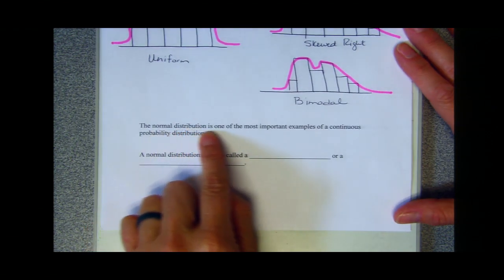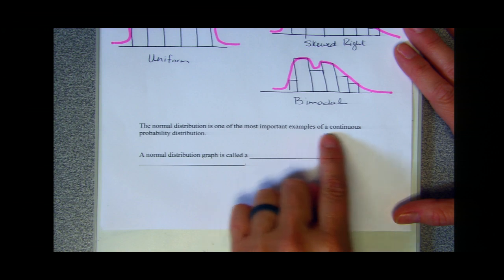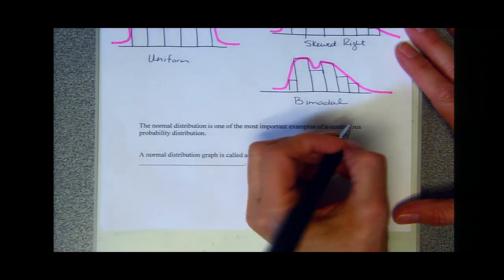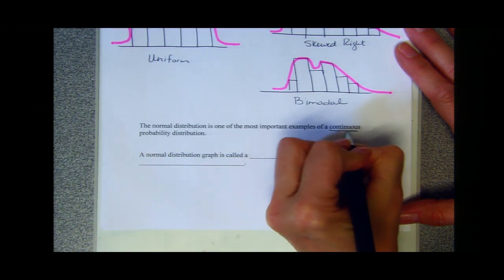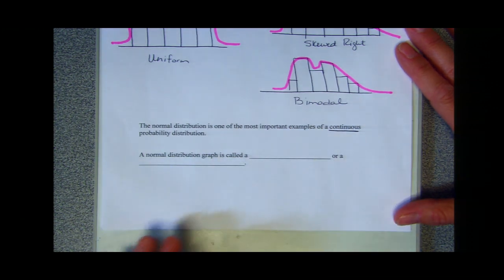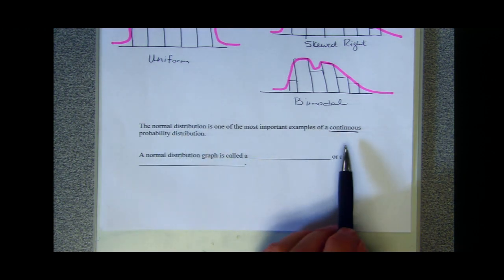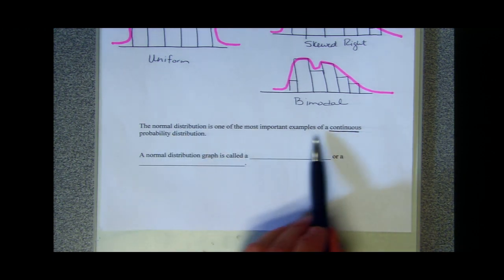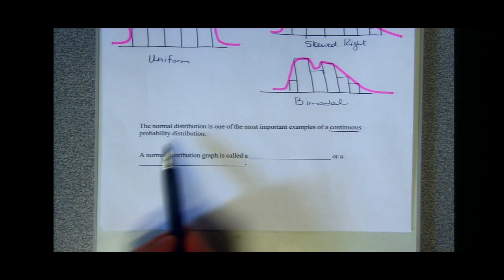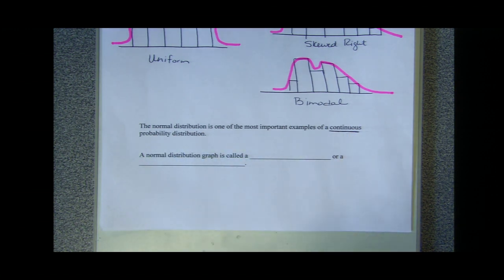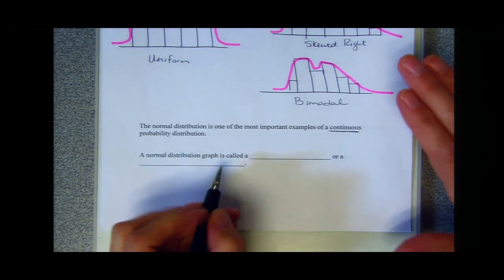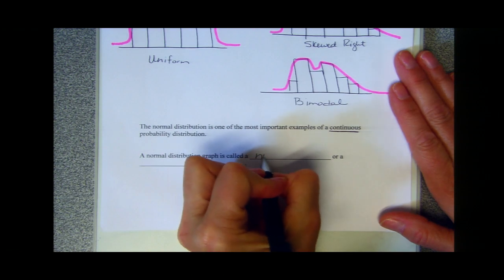The normal distribution is one of the most important examples of a continuous probability distribution. Continuous, remember when we had random variables, they were discrete or continuous. So the normal distribution is one of the most important examples of the continuous probability distribution. A normal distribution graph is called a normal curve.